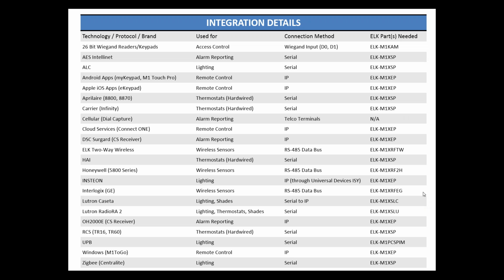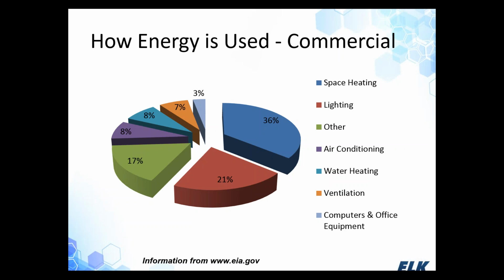Further down here, since we are talking about central stations and reporting, if we were going to do a SureGuard receiver, we would actually need the XCP, and of course Brad went into great detail over going the Ethernet module. But this is a really good breakdown depending on what you want to do with the M1, what parts do I need to make this happen? So it's a nice broken down list.